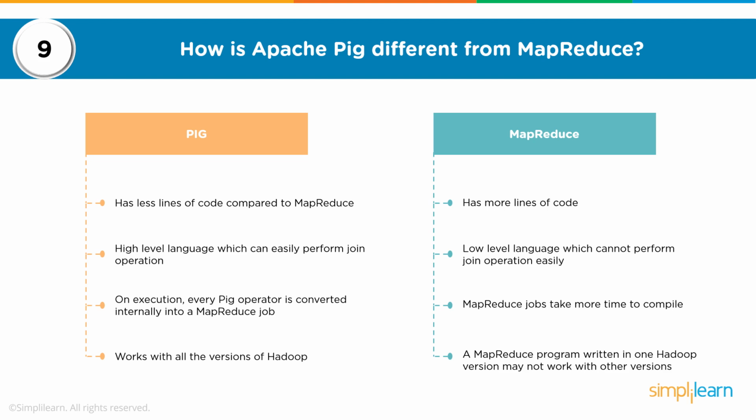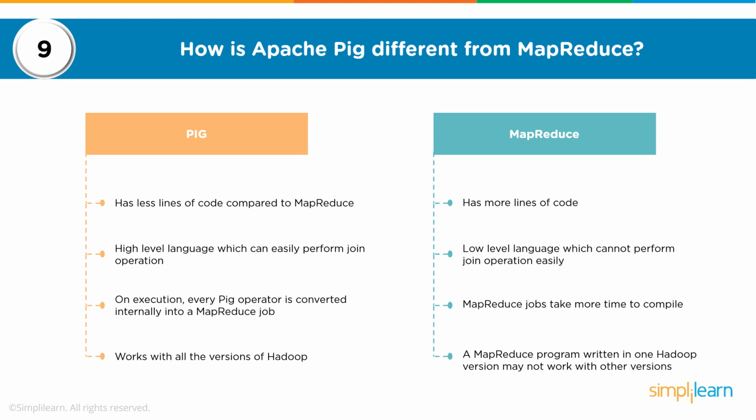Now, as I said, on execution, every Pig operator is converted internally into a MapReduce job. So every Pig script which is run would be converted into a MapReduce job. Now MapReduce overall is batch oriented processing, so it takes more time to compile and more time to execute, either when you run a MapReduce job or when it is triggered by a Pig script.